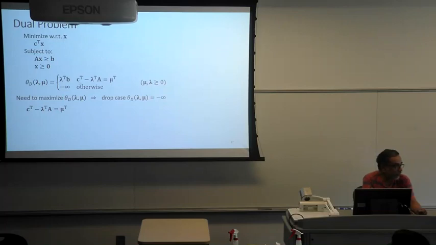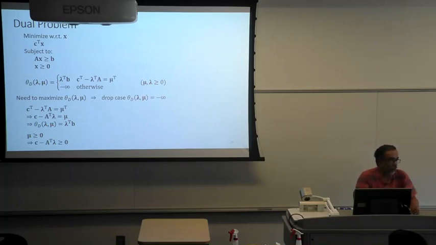We want to have lambda and mu greater than or equal to 0. I just took the transpose, so I have C minus A transpose lambda equals mu. And theta d of lambda mu is this then, under this condition. And mu must be greater than or equal to 0. If mu must be greater than or equal to 0, then C minus A transpose lambda must be greater than or equal to 0, correct?